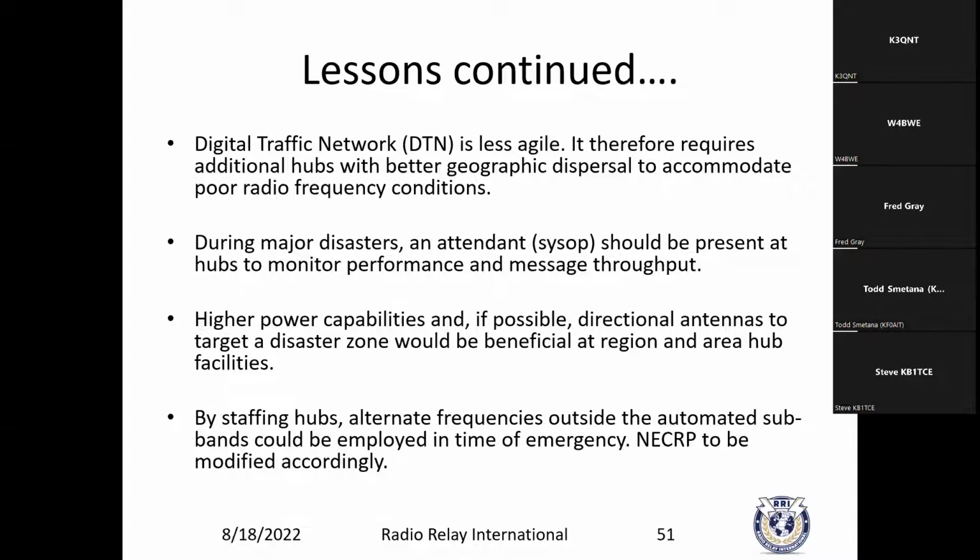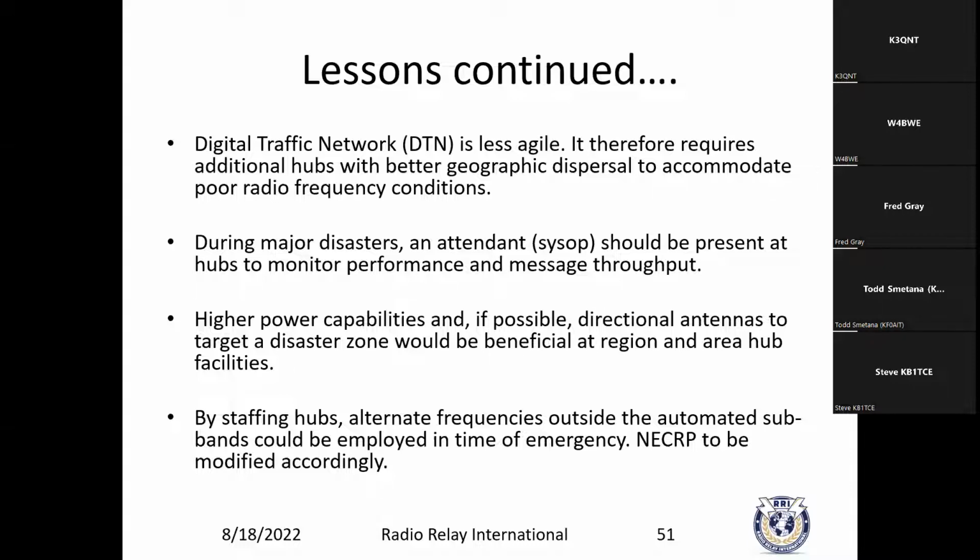Essentially, modes like DTN and Winlink are less agile, right? Typically you're using specific frequencies. You have very little control over demand for those frequencies. You can't move the node that you're trying to connect to if there's significant co-channel or adjacent channel interference, right? Certainly, for at least our digital traffic network at RRI, we now know that a SysOp really needs to be present whenever possible at hubs to monitor performance and message throughput.